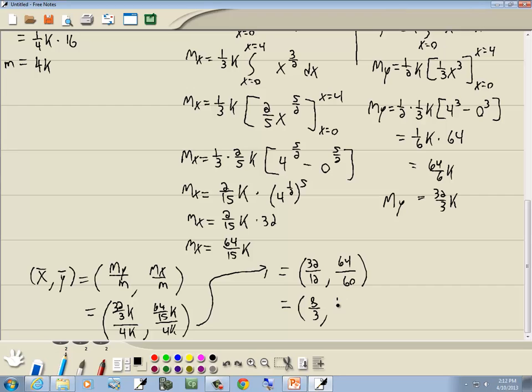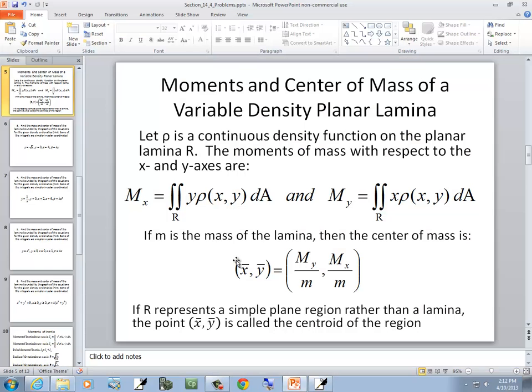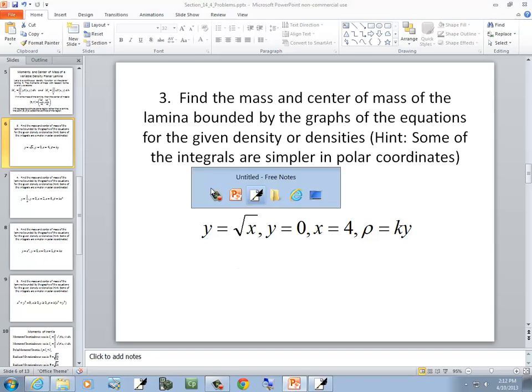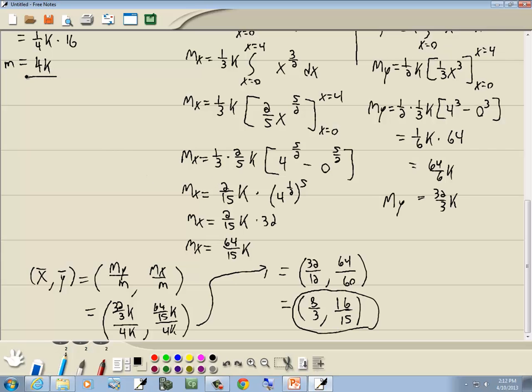I think so. 24, 16. Divide that by 4, and I get 15. So that would be our center of mass. And the other thing they were asking for was mass. This was the first thing they were asking for. So those are the answers. These are not necessarily the shortest problems.